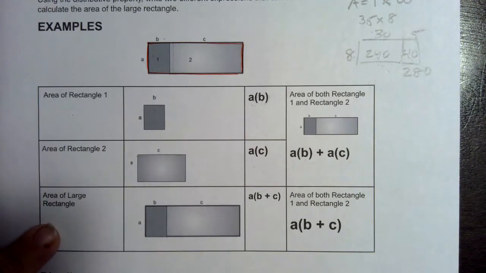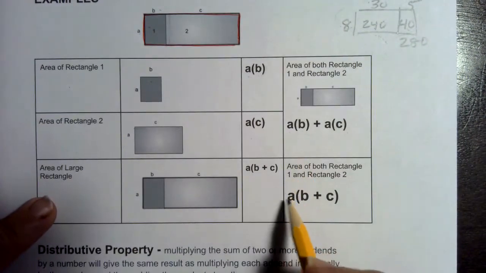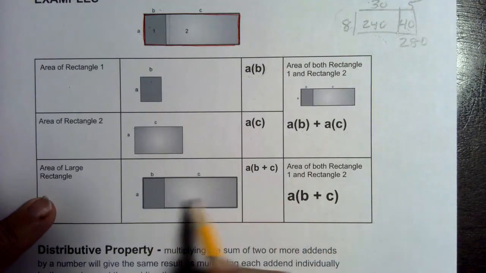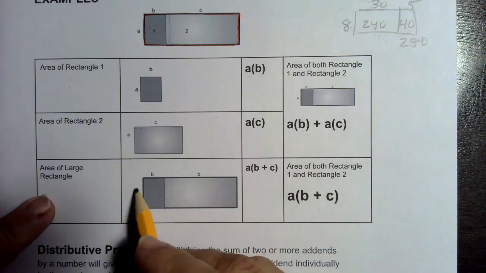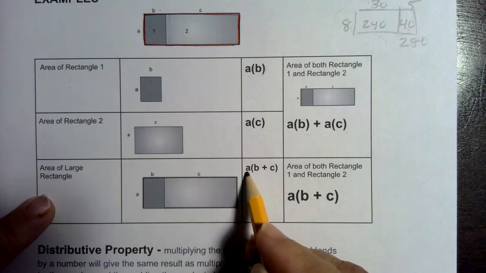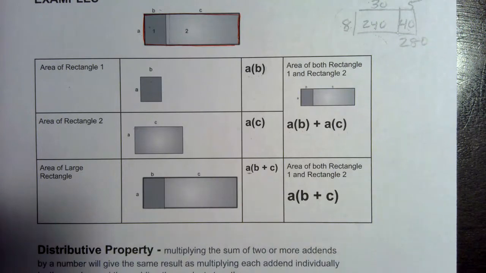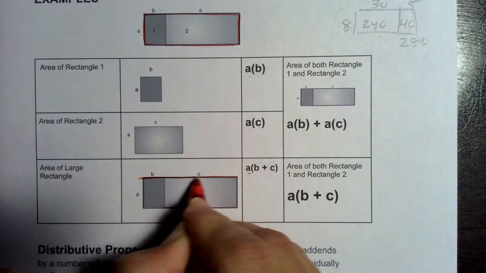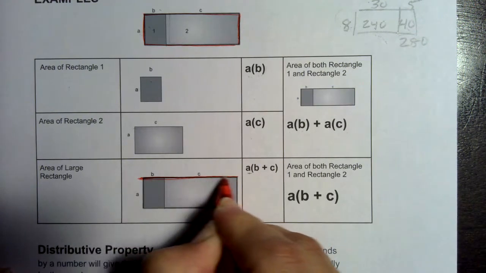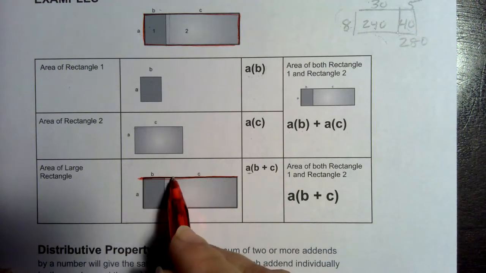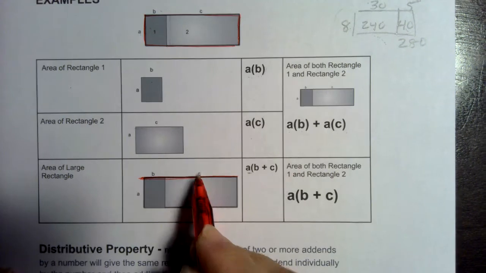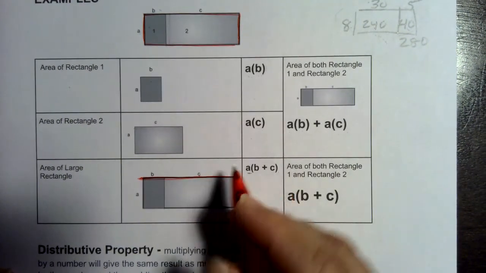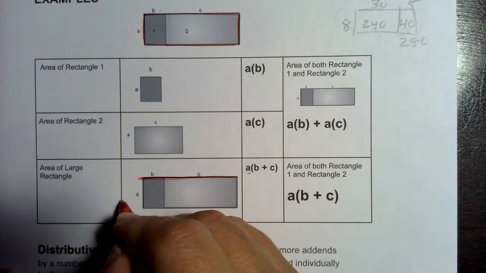The other way of writing it, the other expression, is again length times width. If my length is A, there it is. My width could also be these two letters combined, added together. I'm combining them, so I would say B plus C. So here we go, B plus C. My length is A. Here's my length.